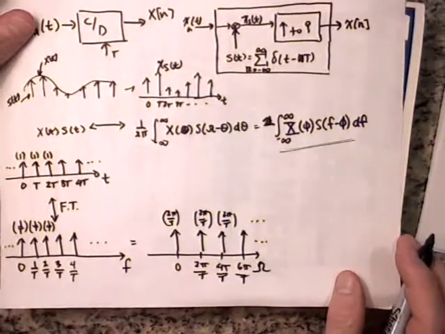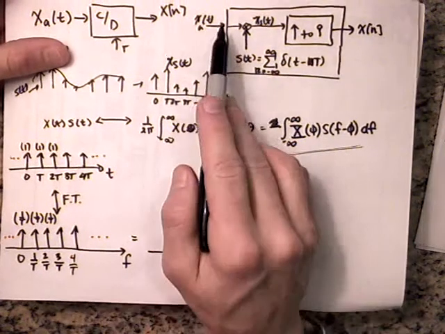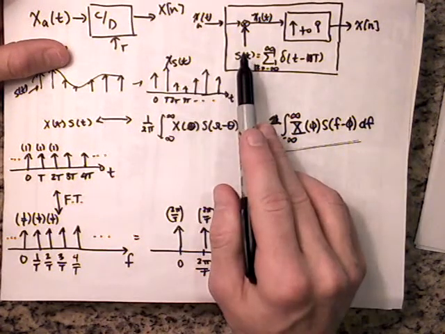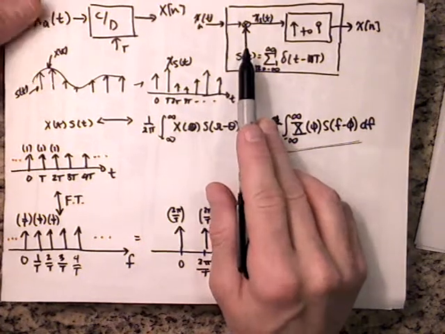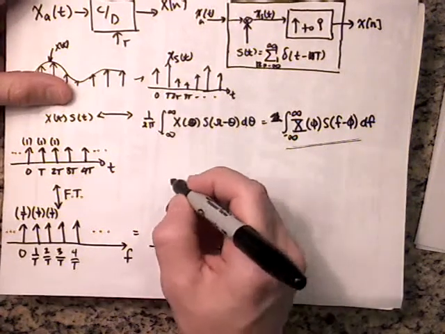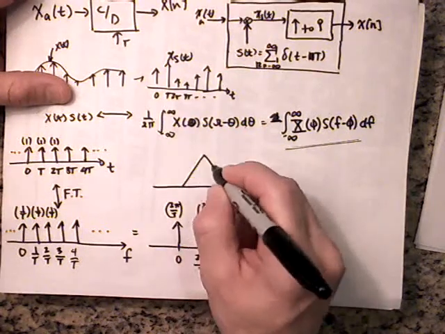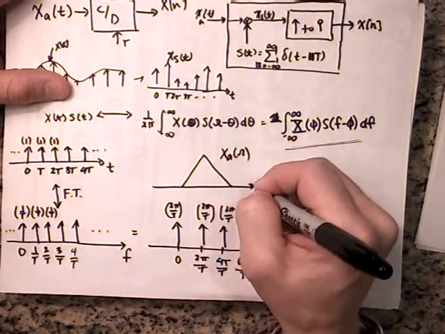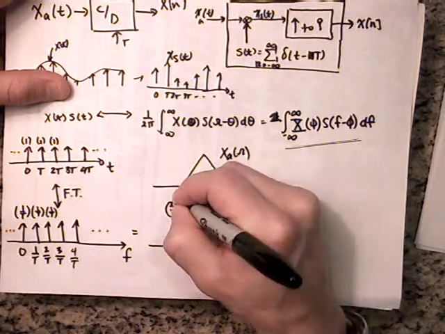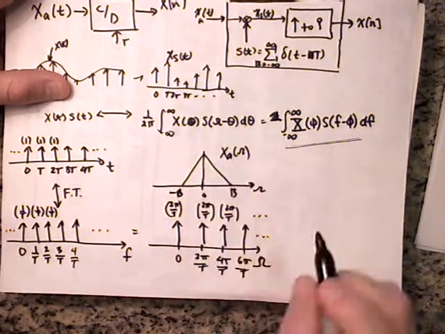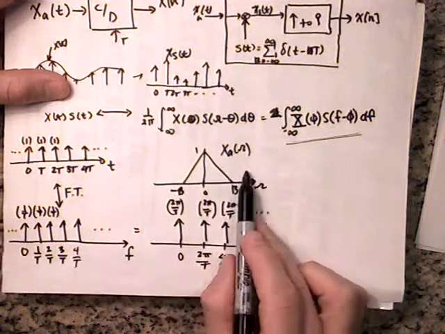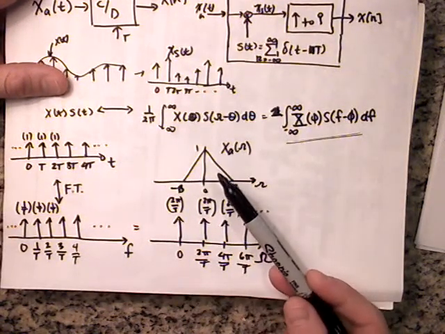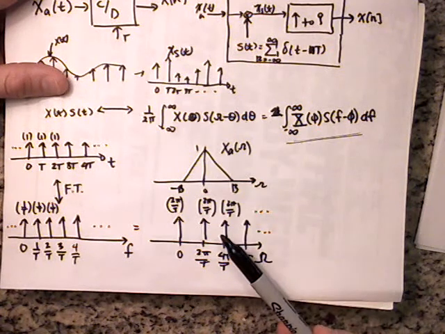Okay, so now if I take the signal x_a(t) and I multiply it by s(t) in the time domain, then I must have convolution of the spectrum. If this is X_a(omega) in the frequency domain, I must have convolution between X_a(omega) and this impulse train.